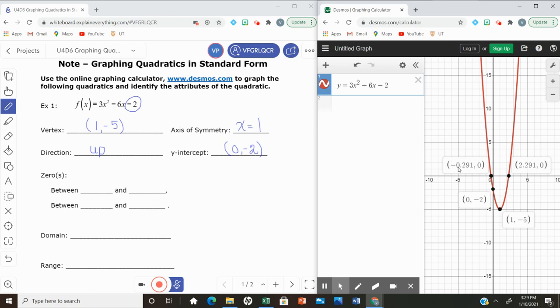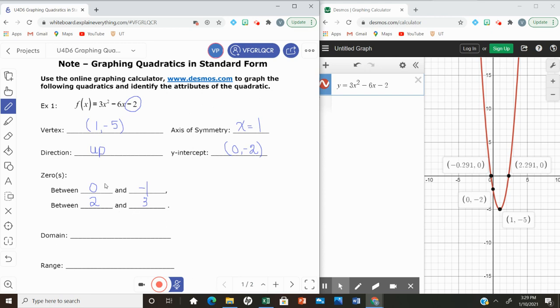What does that fall between? Well, that root falls between 0 and -1. And the other root of 2.29 falls between 2 and 3. So that decimal falls within these two numbers right here, okay?